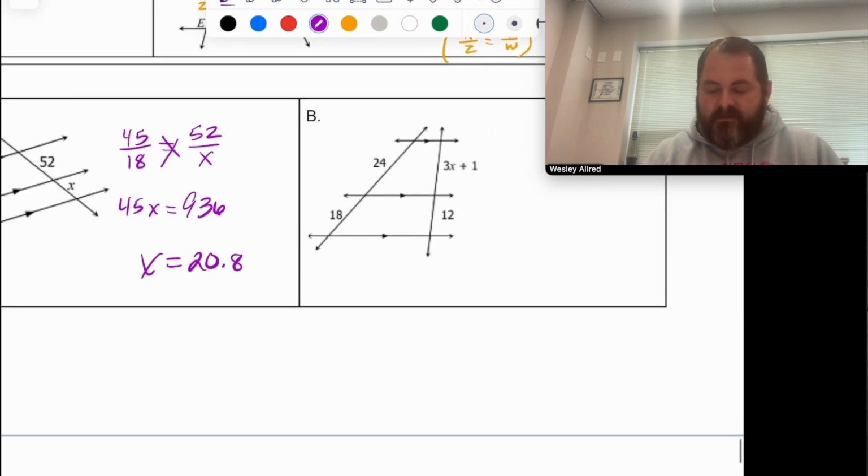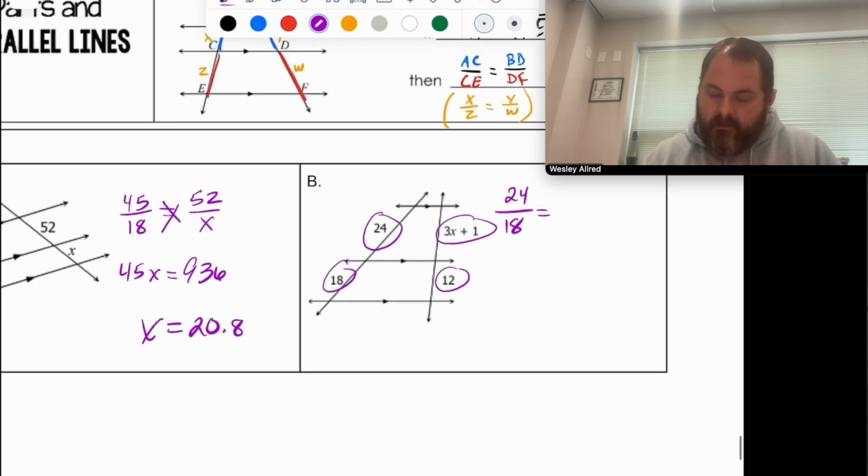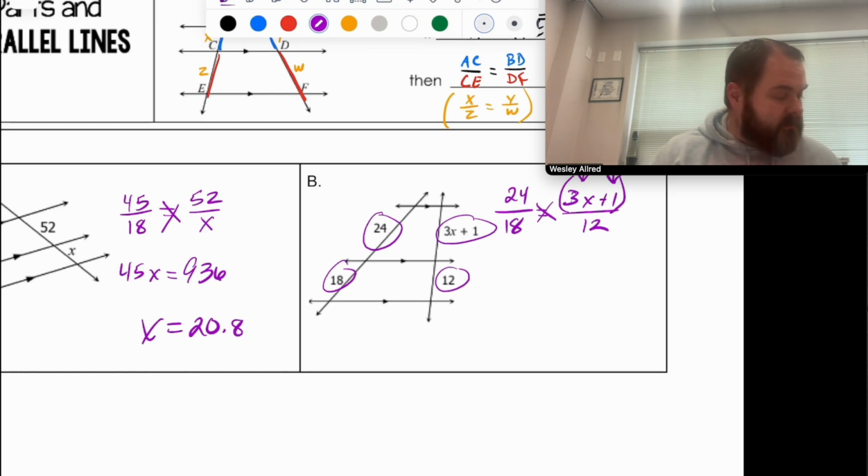Same idea here. 24 over 18 equals 3x plus 1 over 12. Okay, once again we cross multiply. Remember, when you do 3x plus 1 times the 18, you have to distribute to both of these. So the 24 times 12 is 288.